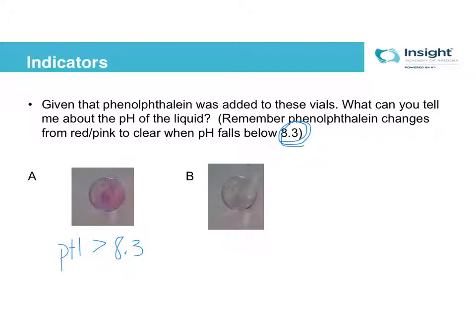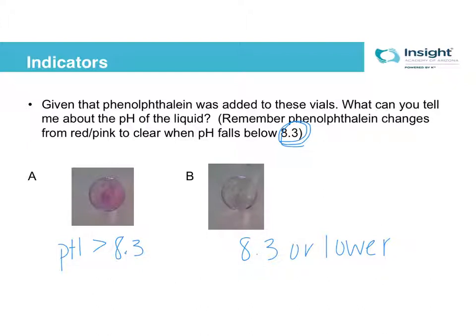And for B, without any more information, really all you can say is that maybe pH is 8.3 or lower. If I told you that I had just added 5 drops and after the 5th drop it went clear, then you probably could say it was at 8.3. But you don't know that. All you know is that you added phenolphthalein and it was clear. So it's got to be 8.3 or lower.